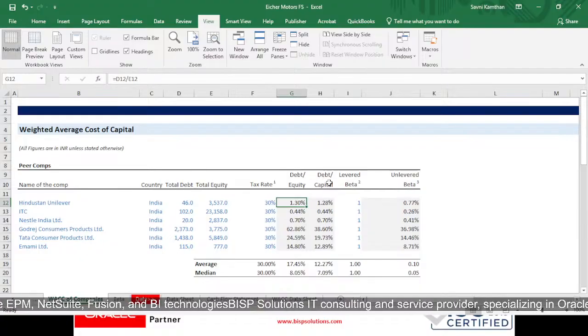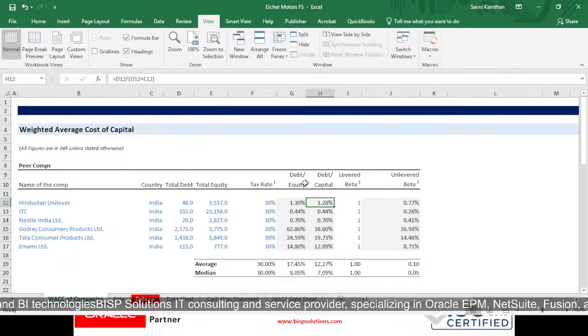Then I want to calculate my debt upon capital. So I have taken my debt, which is 46, divided by capital. What capital? I have added my total debt and total equity, then I get my capital. So my debt upon capital will be 1.28%, right?